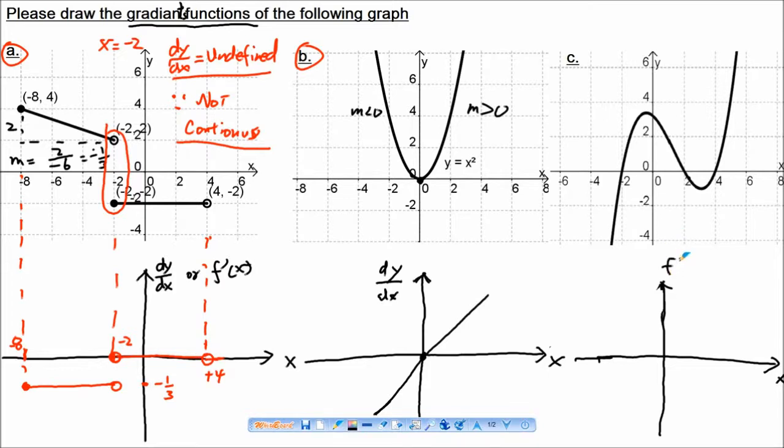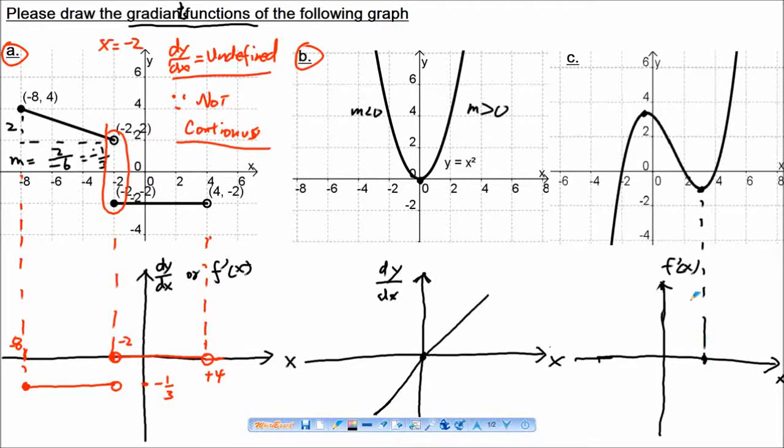Let me show you how we do that. First thing is we know at the turning point the gradient is 0. So at the turning point when x is approximately 3, the gradient is 0. We just draw a dotted line here, cast to the x-axis.